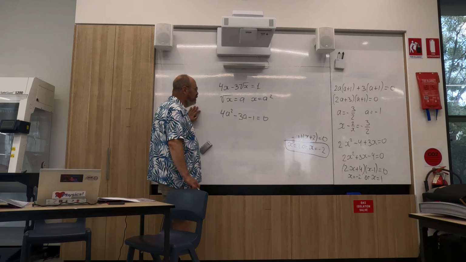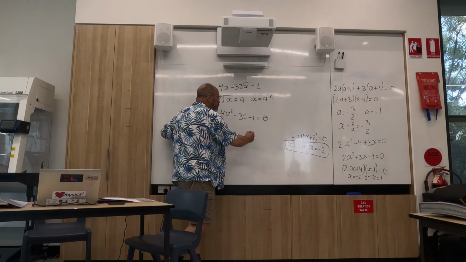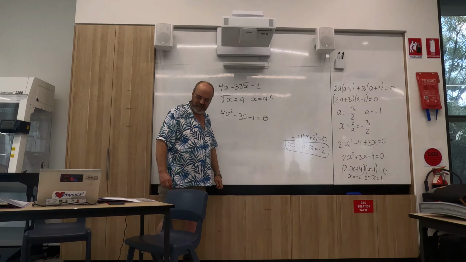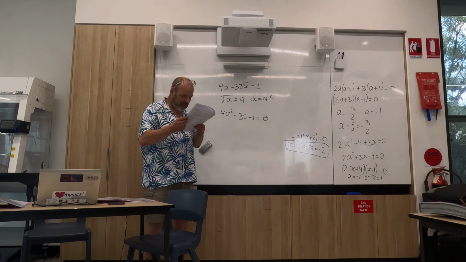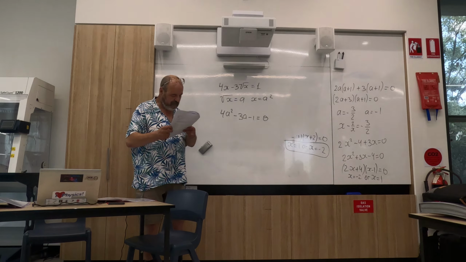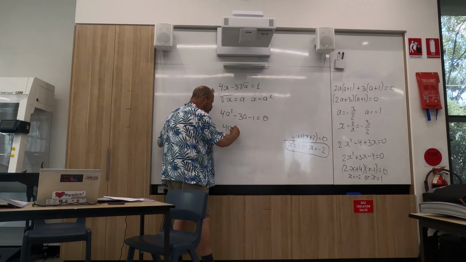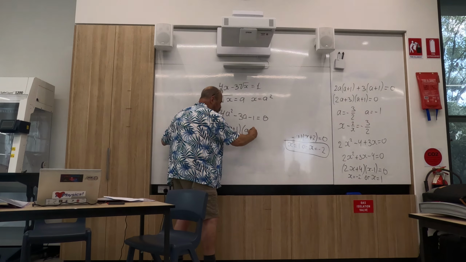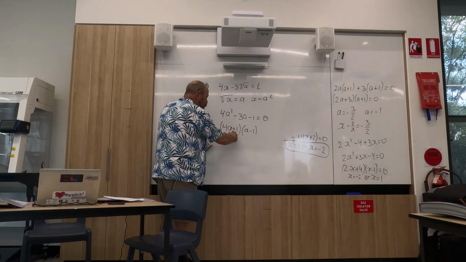Factorizing it: 4a plus 1 times a minus 1. Check: 4a squared minus 4a plus a minus 1... so 4a squared minus 3a minus 1 equals 0.